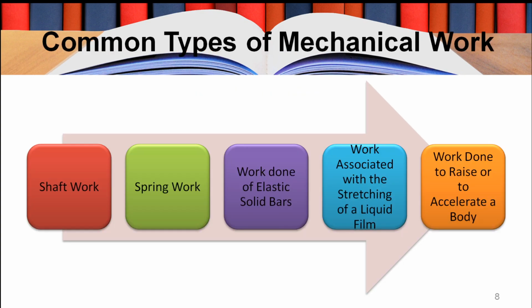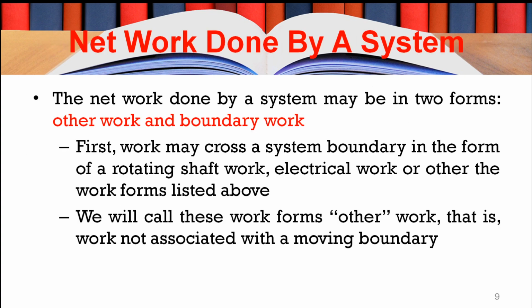So these are the various kinds of mechanical works, as I mentioned earlier: shaft work, spring work, work done on elastic solid bars, work associated with the stretching of a liquid film, surface tension, you know that. Work done to raise or to accelerate a body. All these are different types of mechanical work.